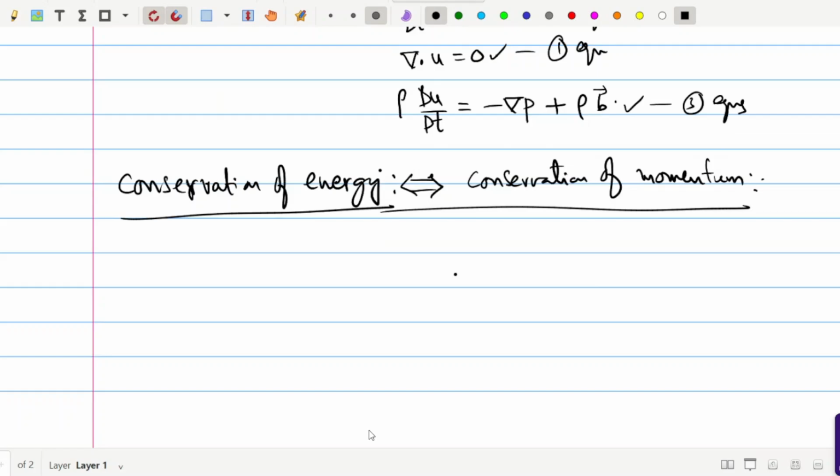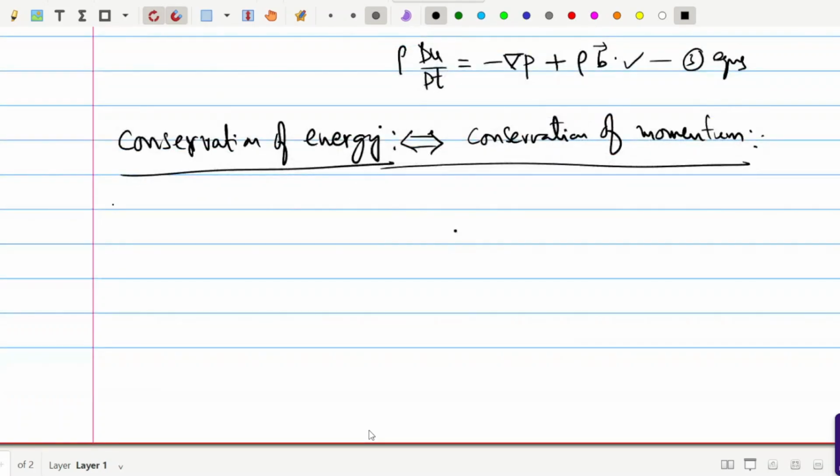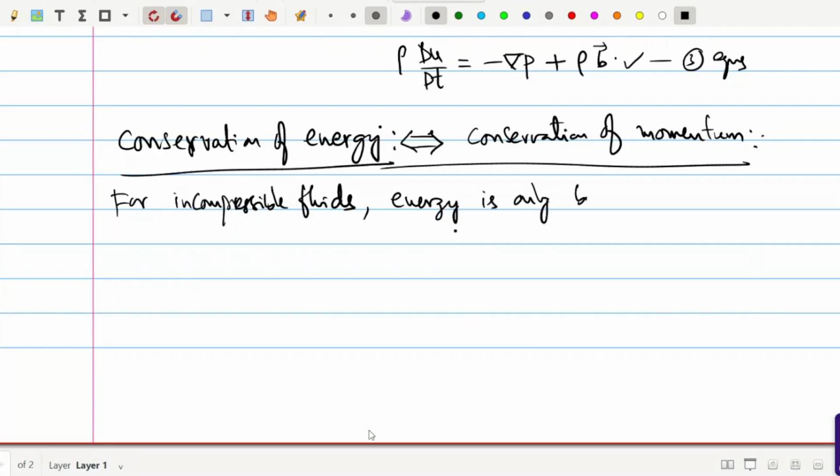So this we need to show: for incompressible fluids, energy is only by the motion of the fluid particles.